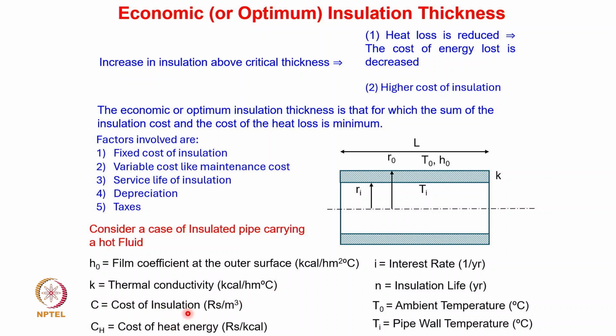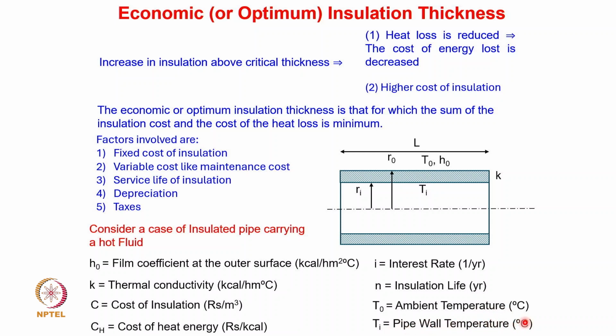C is the cost of insulation, given in rupees per meter cube, and CH is the cost factor of the energy, given in rupees per kilocalorie. Here I is the annual interest rate, N is the insulation life, T naught is the ambient temperature, and Ti is the pipe wall temperature.